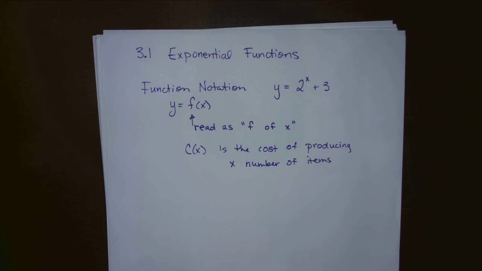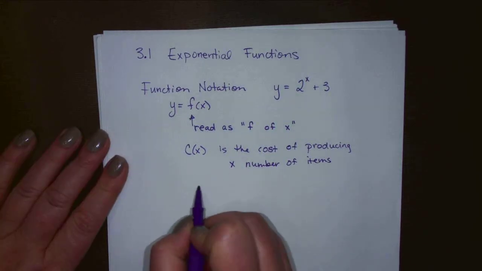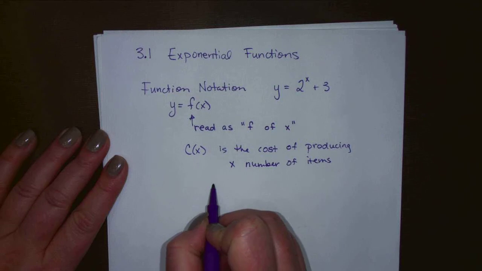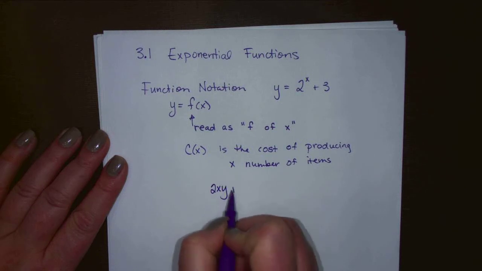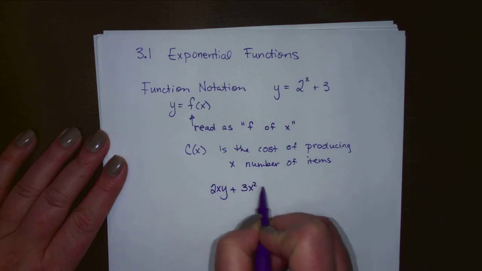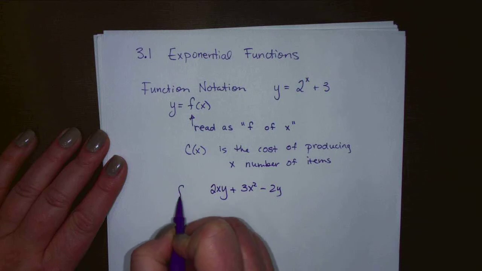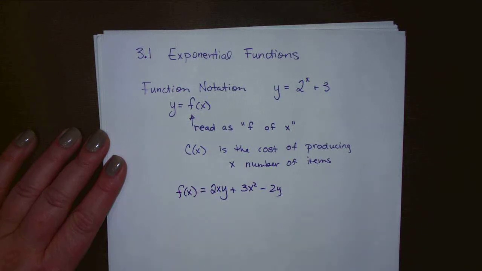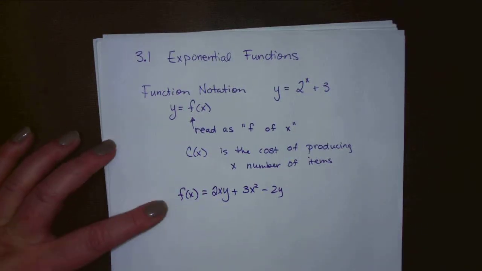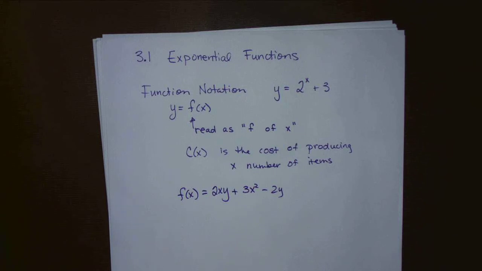So sometimes one is a constant. So if there was an equation 2xy plus 3x squared minus 2y, and we only cared about the x, then the y would be considered a constant, and you'd treat it just like it was a constant.